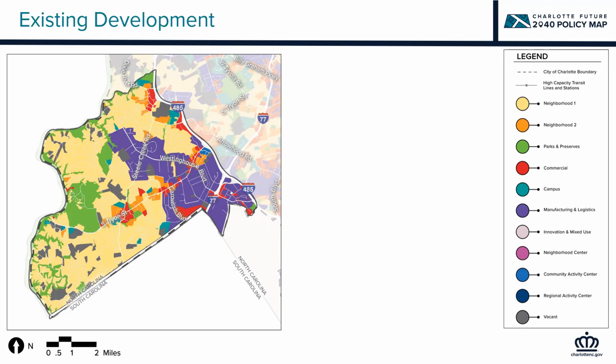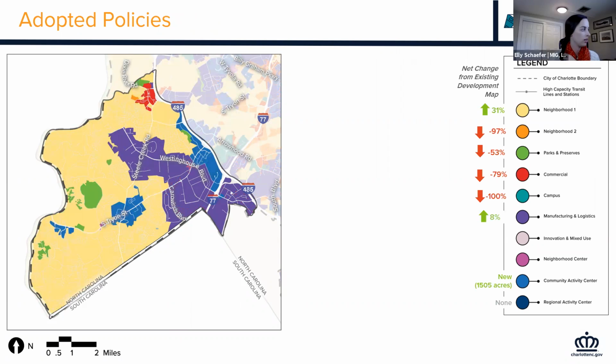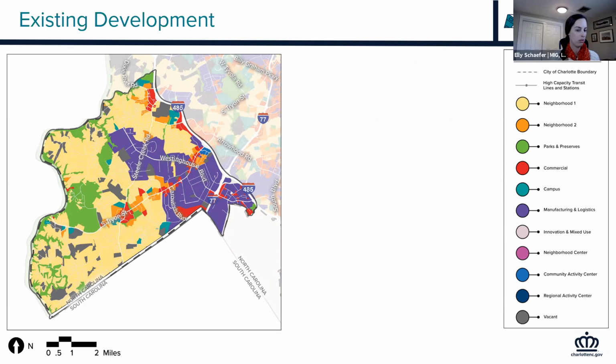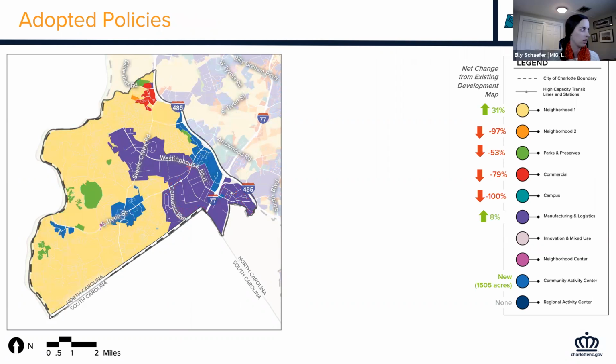So the proposal is to remove that land use surrounding it, so where it's now set up to be high density housing or Neighborhood 2, that'll switch into manufacturing and logistics, it looks like. So some of it is in that purple area. Some of it goes to Neighborhood 1.